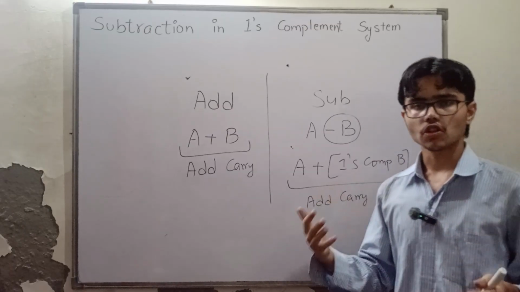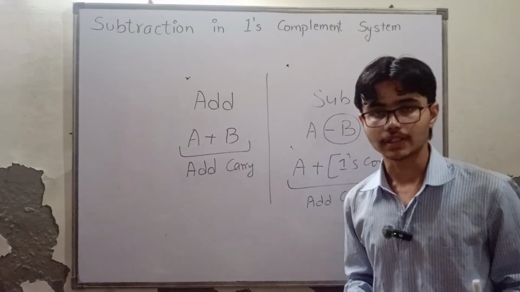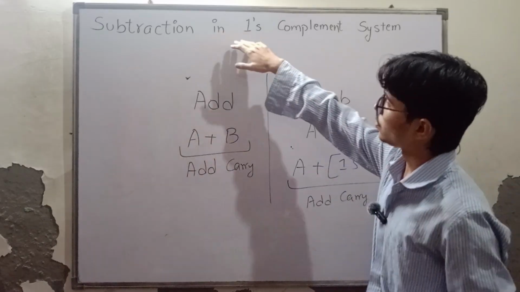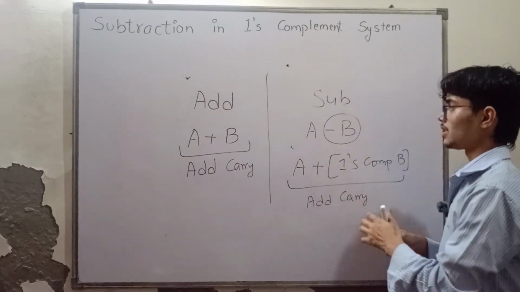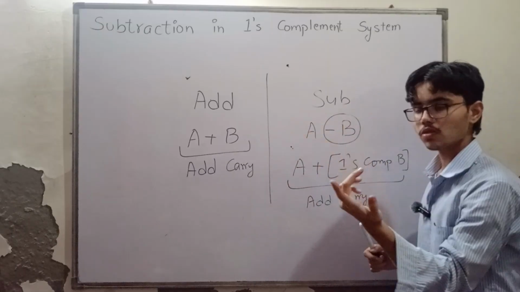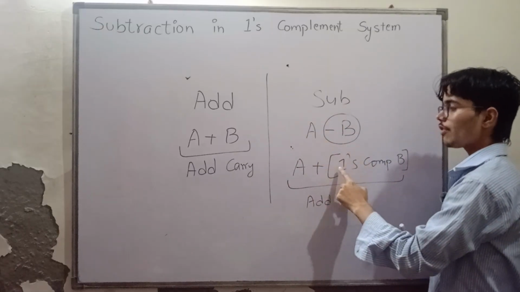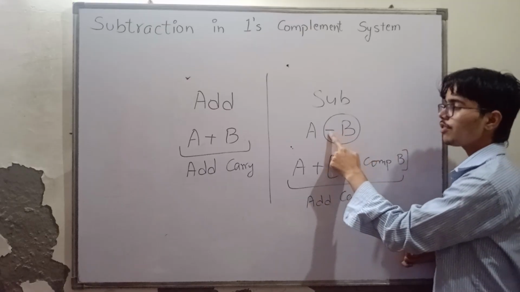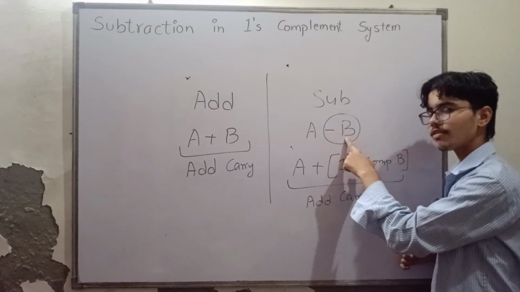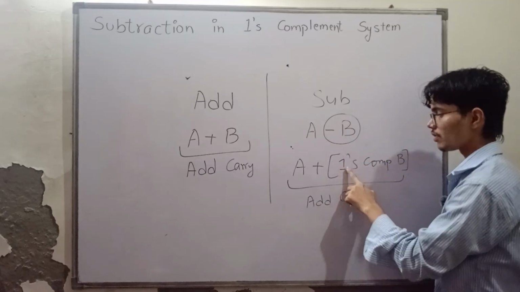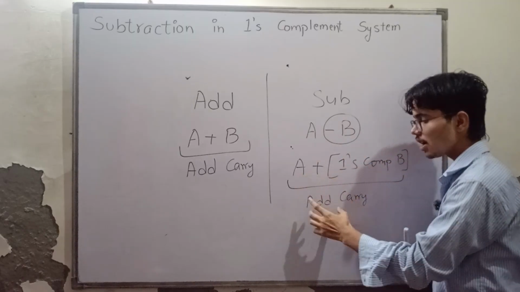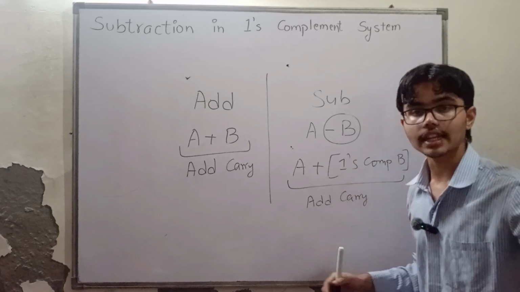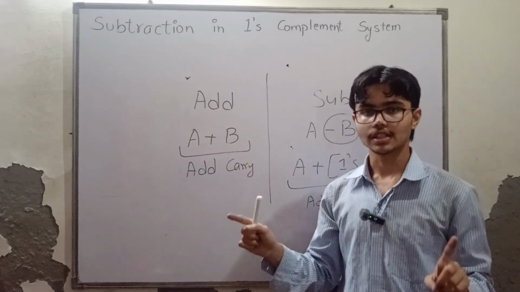Okay, I also talk about subtraction in the 2's complement system. We see the numbers in 2's complement form, so we simply find the 2's complement of b. Whenever there is a negative sign with a variable, we find the 2's complement of that number and add it to the other number, and if a carry is generated, we discard the carry in 2's complement form. Just remember this.